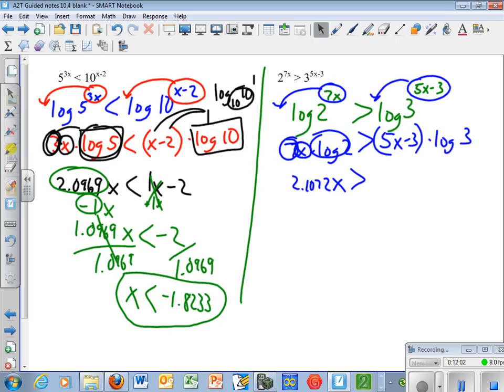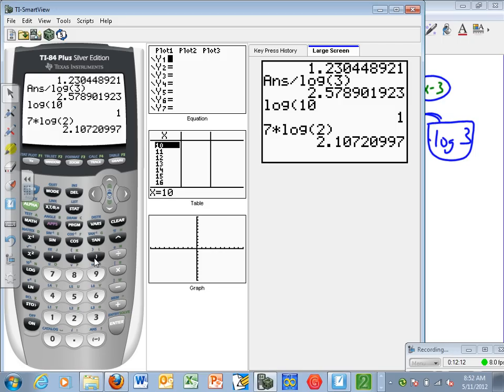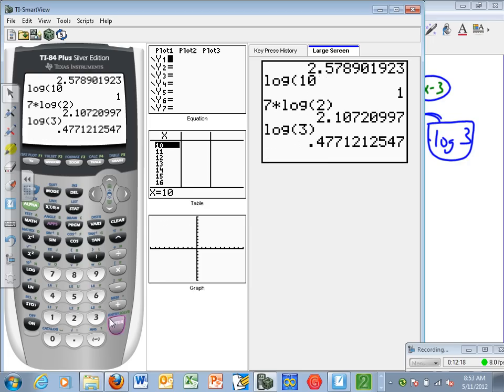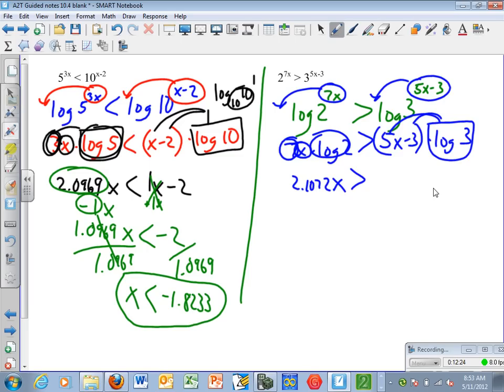It's bigger than. Now, I'm going to find the log of 3, and then I'm going to distribute that. The log of 3 is about 0.4771.